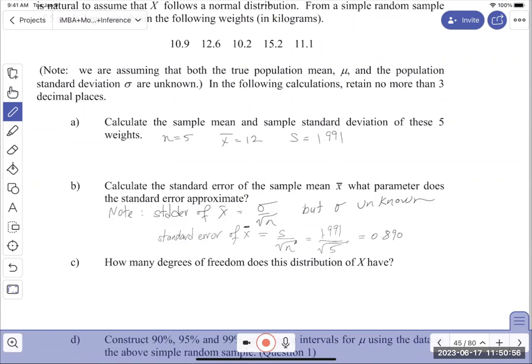So I'm going step by step, so you pull out the relevant statistics and values. The degrees of freedom is n minus 1 or 11. No, sorry, 4.